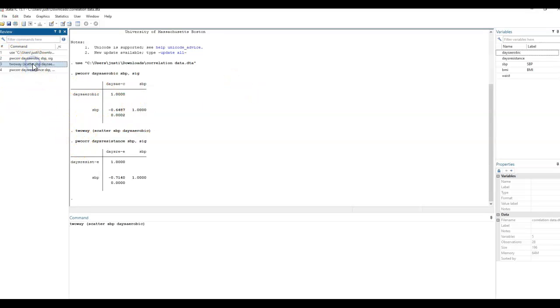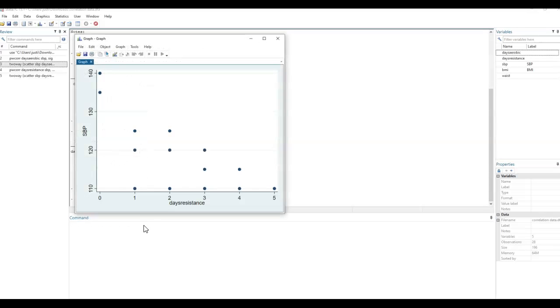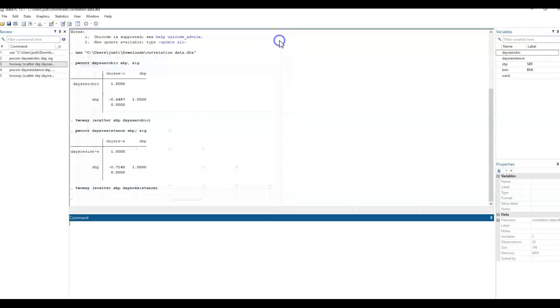And we could do a scatter plot as well. I just click this again and I will just swap out days aerobic for days of resistance. And we'd get a scatter plot again for that. So what you can do is we can take these as basically being our independent variables, and then these three as being our potential dependent variables.